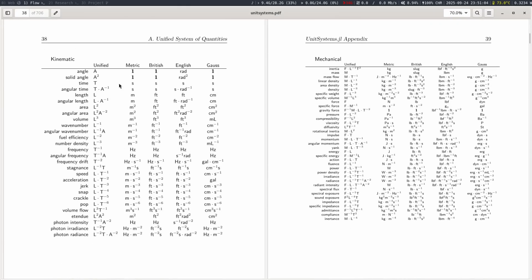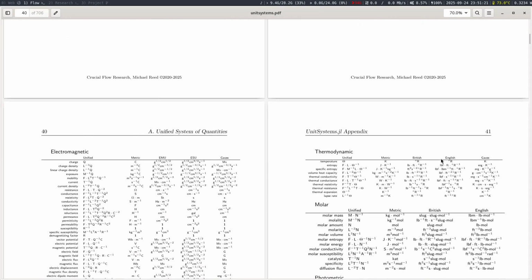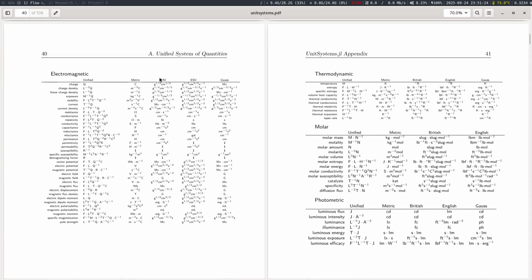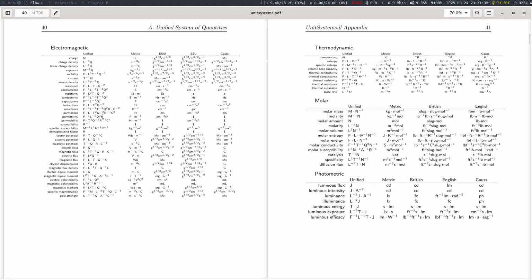And then there's these kinds of tables, like unit of force. Could be the Newton, the pound force, or the dyne. Then we have these EMUs and ESUs and the metrics and the coulombs and so on, and henries and volts, and all this is tabulated.